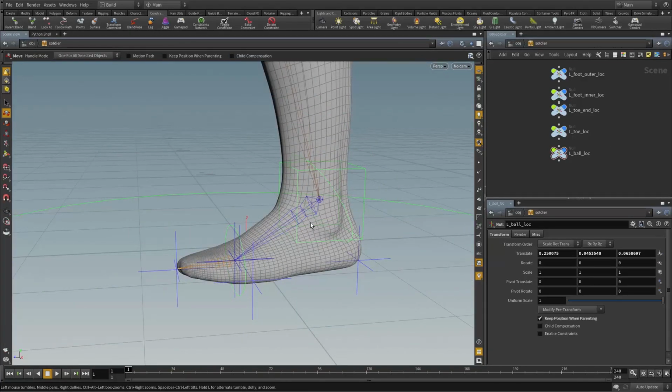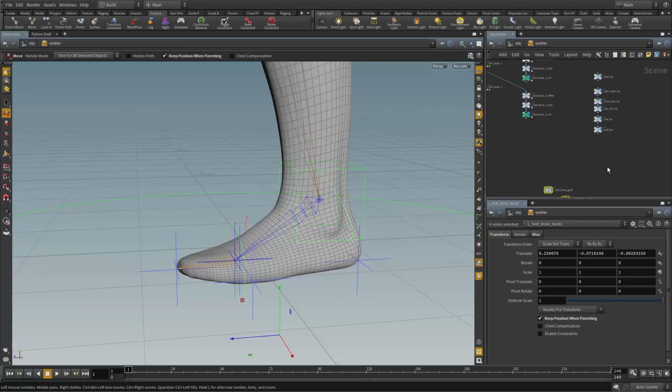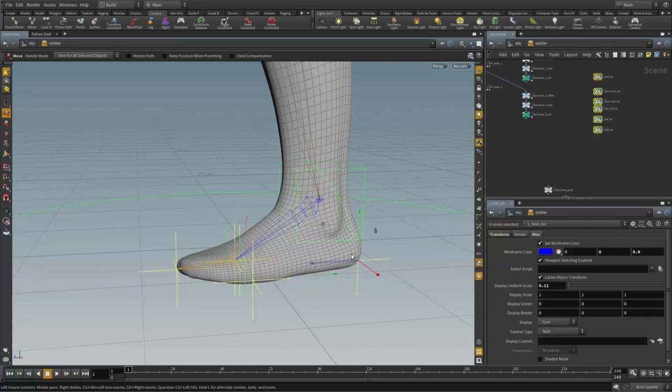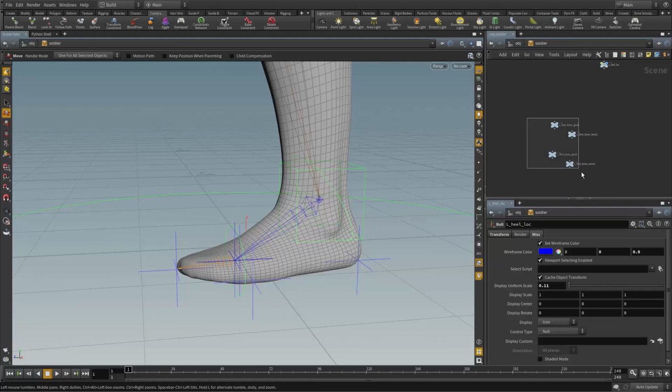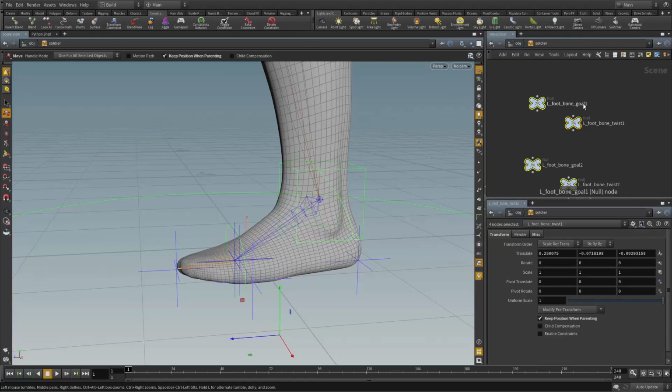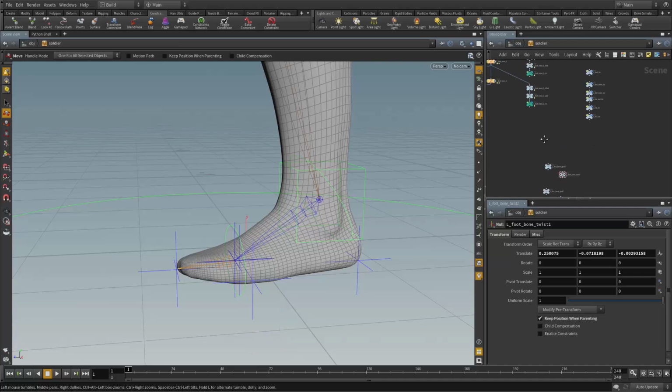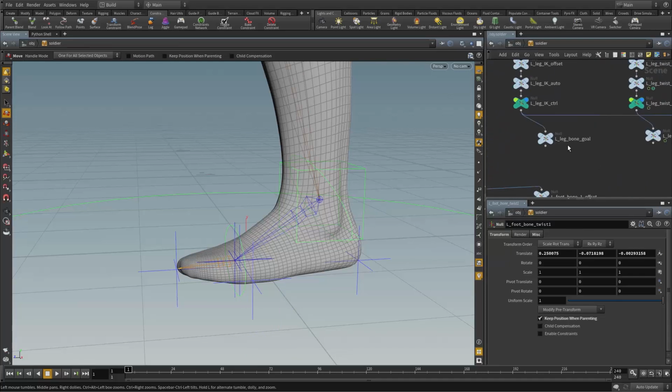And all of these are going to be above in the hierarchy of our goals. So as we rotate any of these nulls, they're going to rotate the foot bone goal and twist and the toe bone goal and twist. They'll also be a parent of our leg bone goal, which currently is a direct child of our IK.